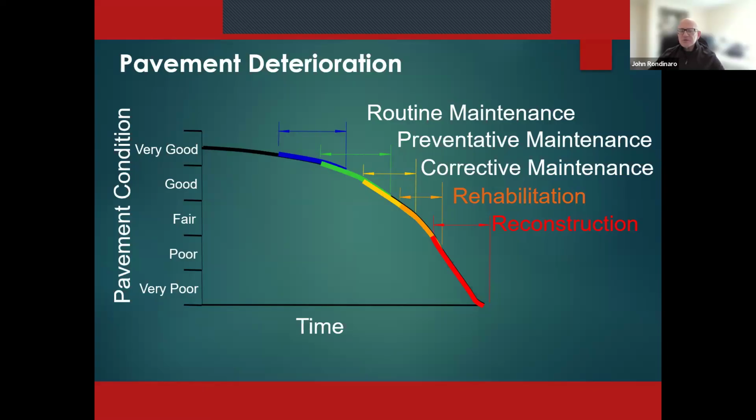Once it starts to deteriorate past that good condition, you're going to start to get into corrective maintenance. That's what we're talking about, our temporary patching and your single course overlays, shallow mill and fill. Then once you get past that, you're into your rehabilitation and reconstruction categories. Your pavements are in rough shape, and it's going to take a lot of work to get them back in good condition.